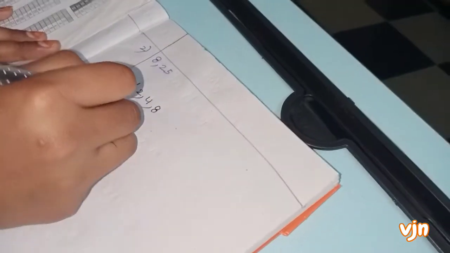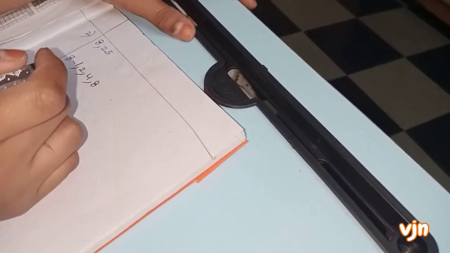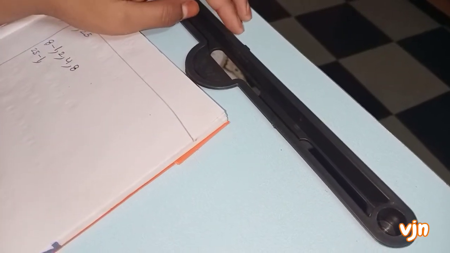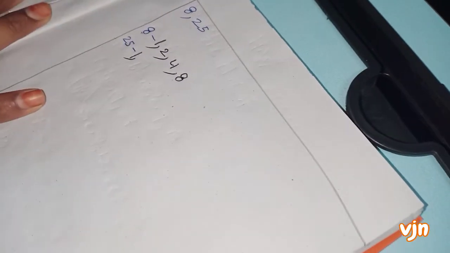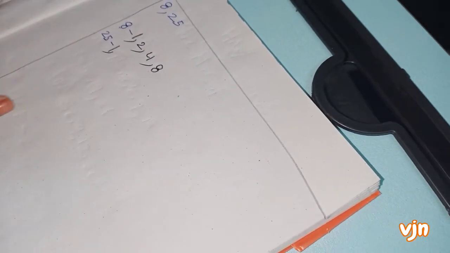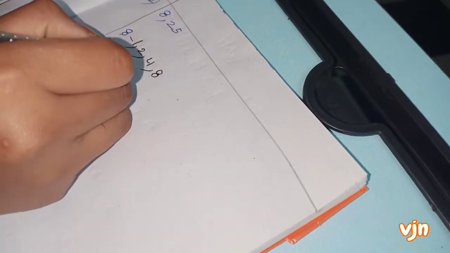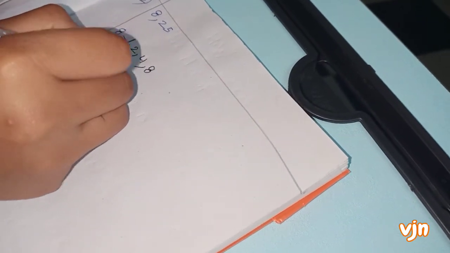Now let's go to 25. 25 ones are 25. 2 table. 25 doesn't come in 2 table. It does not come in 3 table. Not in 5, not in 4, not in 6. So it does not come in any other number except for 1 and 25.